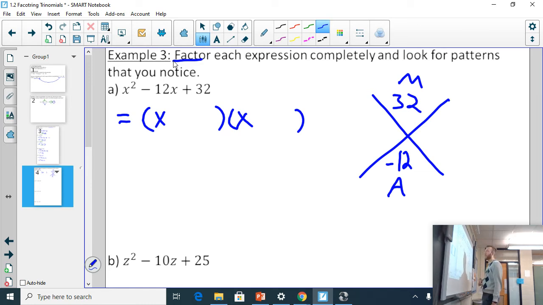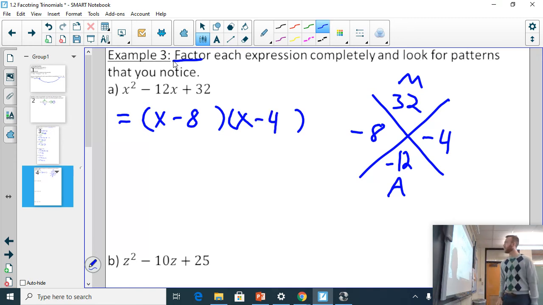If you ever struggle with guessing what two things multiply to a number and add to another one, you can just start listing the multiples. But I think negative 8 and negative 4 are going to do it, right? Because negative 8 times negative 4 is positive 32, and added together, they're negative 12. So all you do from there is stick it into those parentheses.